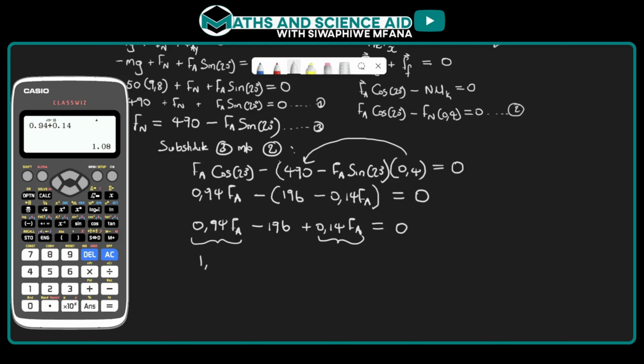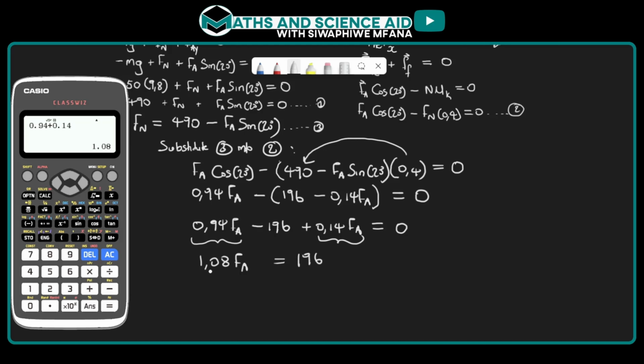So we can combine them to 1,08 Fa. And then we have a constant term here, negative 196, and we can just take it to the right hand side of the equation. And so its sign was negative, it will now become positive 196.